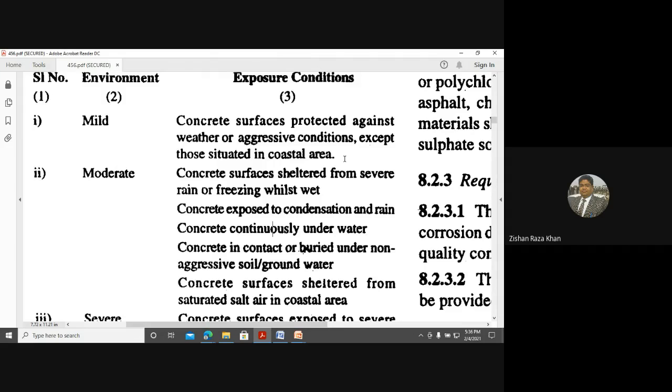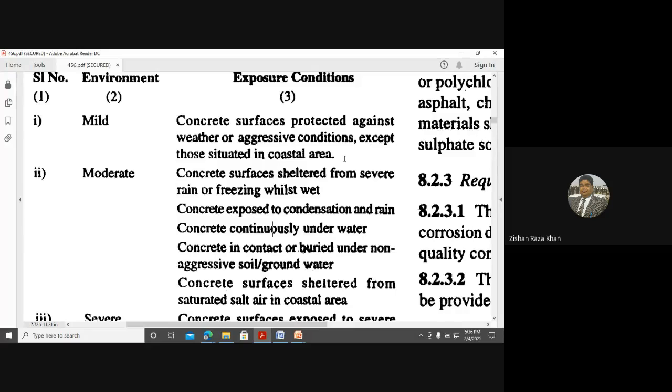It is not a coastal area. If your concrete surface is protected against aggressive weather, such as concrete used for interior parts of the building like interior columns and interior walls, it may be considered a mild exposure.